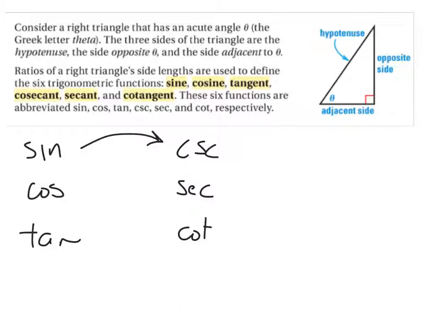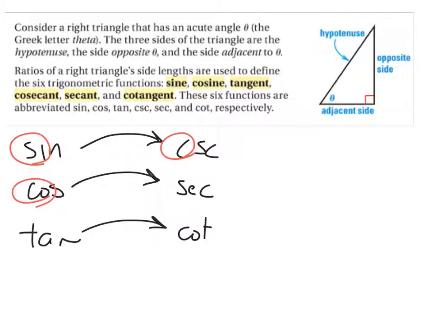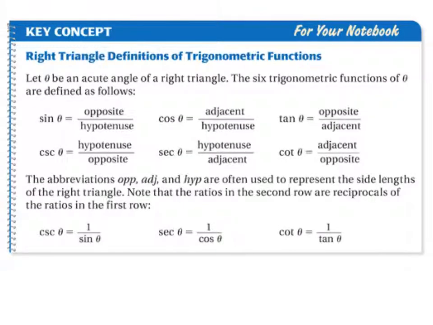Okay, these guys are sort of friends, these guys are friends, and these guys are friends. I always remember they're friends because they start with the opposite letter. I know that's silly, and not really opposite letter, but tangent and cotangent. Right triangle definitions of trig functions. Let theta be an acute angle of a right triangle.